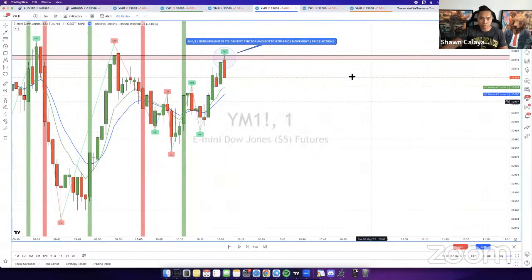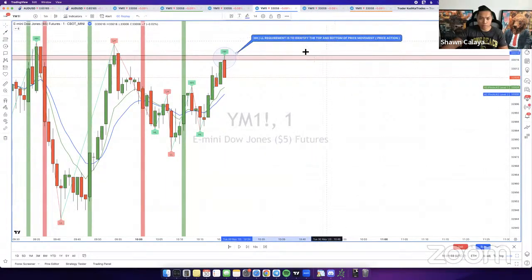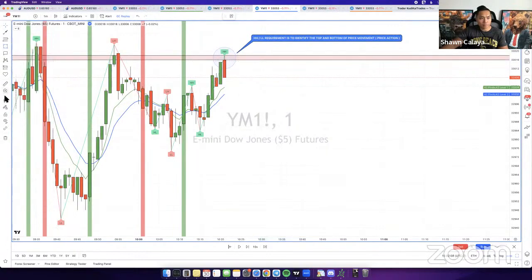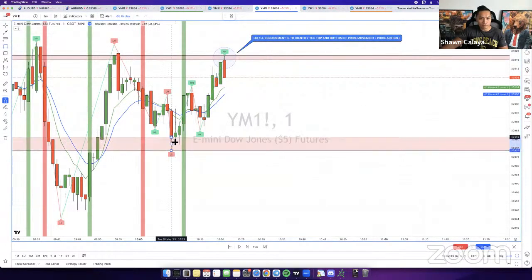So that's kind of what you're looking for. When you're using these higher highs and lower lows, you're basically identifying the tops and the bottoms, right? So you have the top right here, and same with this bottom area over here. You have the bottom, right?